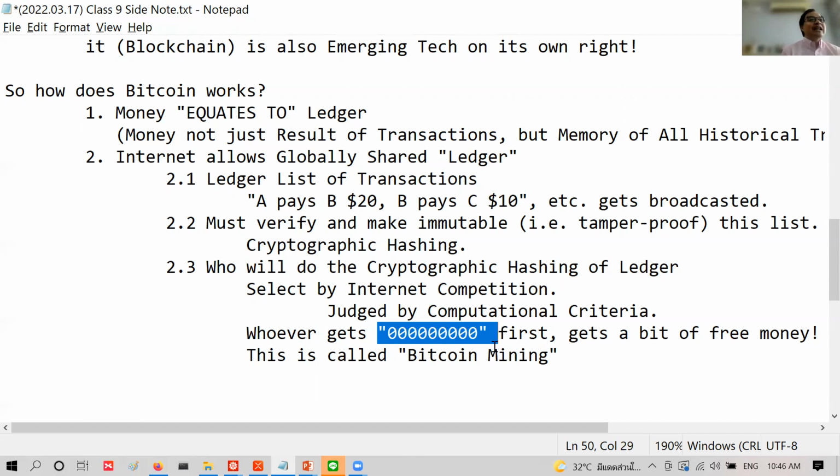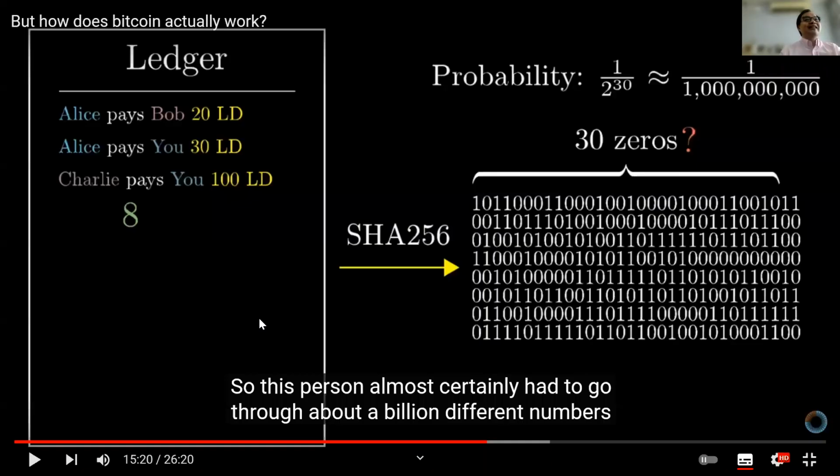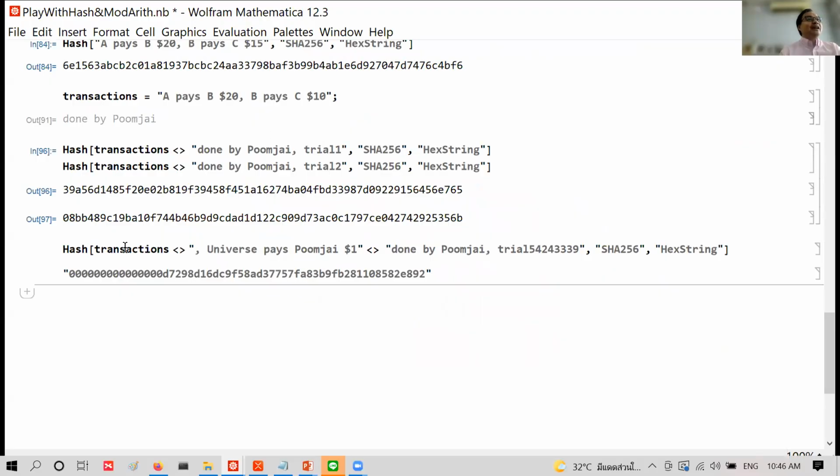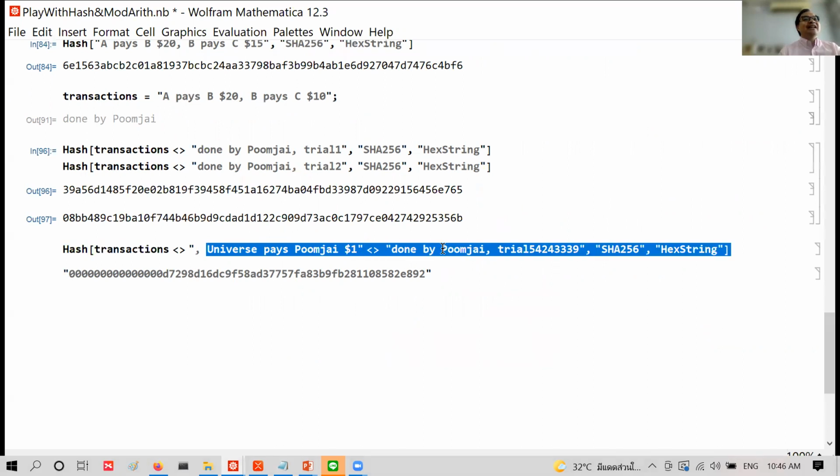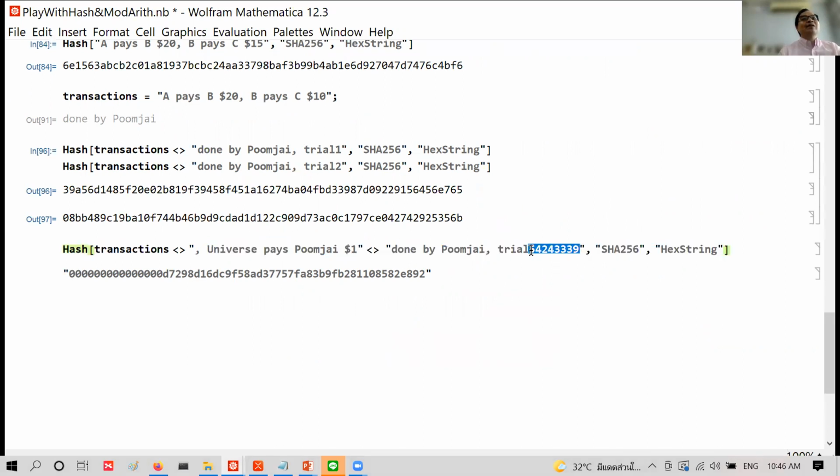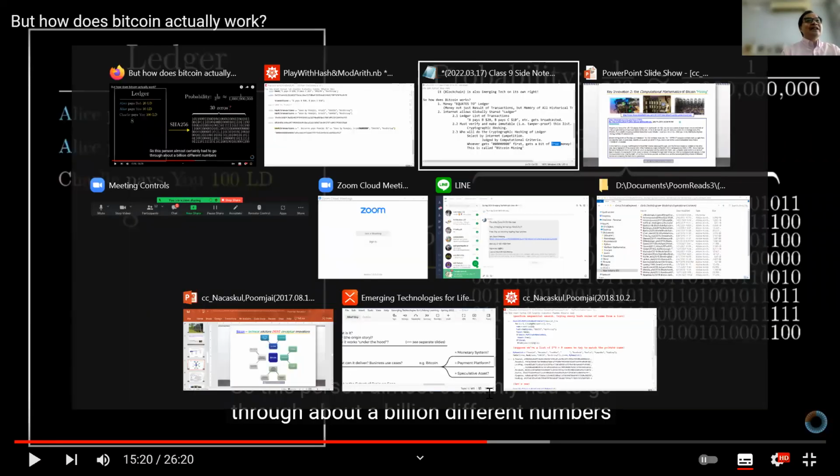So this competition has to be rewarding, and this reward is a little bit of free money. So in other words, get the transaction, I want to get extra money, and by my trial 54 million, I get this. So this is frozen. This becomes a block.